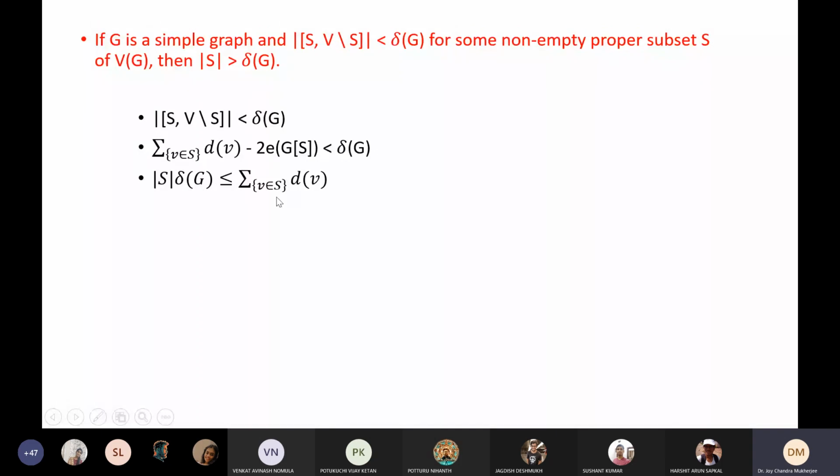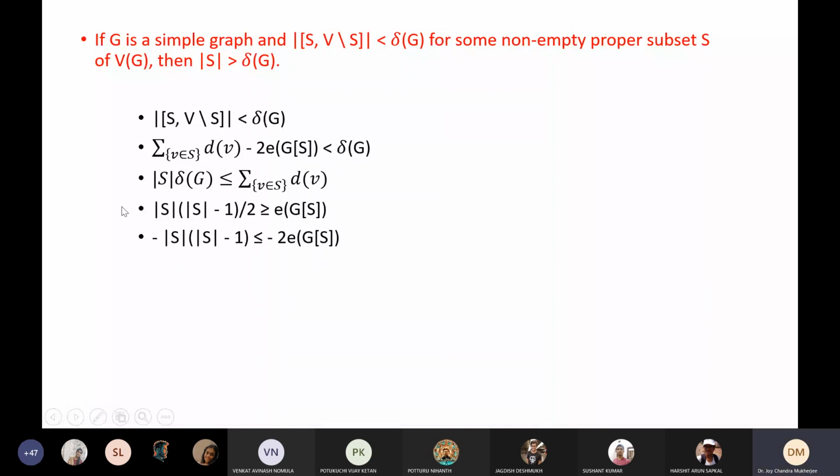So this relation holds. And what we can say about E(G[S]), the number of edges in G[S]? It has mod S vertices, so the maximum edges would be, since it is a simple graph, S into S minus 1 by 2, right? So I take this by 2 on this side, so I can write minus S into S minus 1 is less than or equal to minus 2 into E(G[S]).